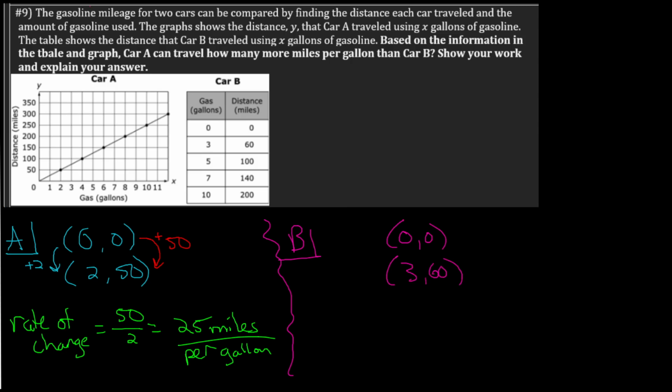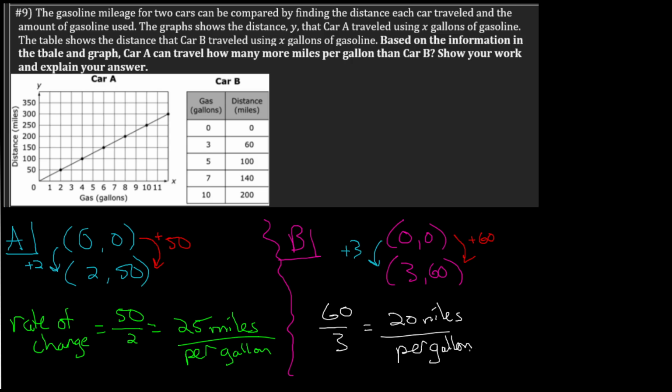Find your change in Y, which is plus 60, and my change in X is plus 3. So my rate of change is 60 over 3, which is the same as 20 miles per gallon.